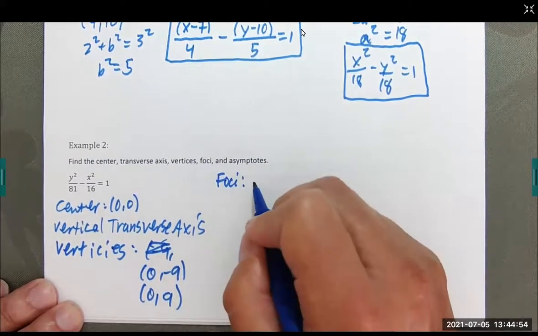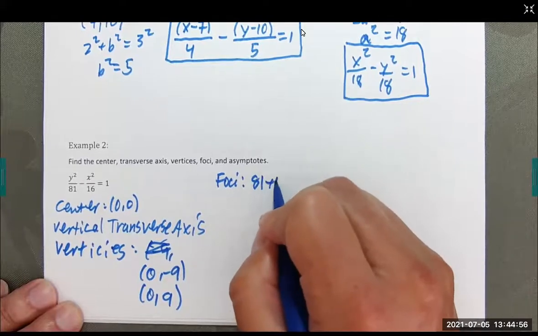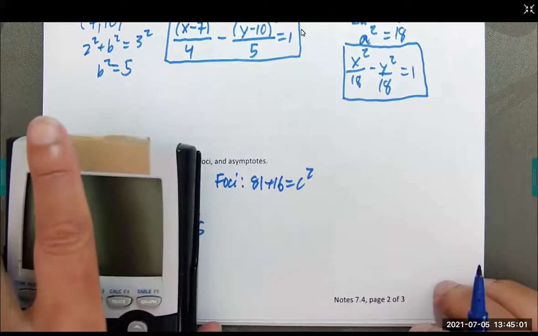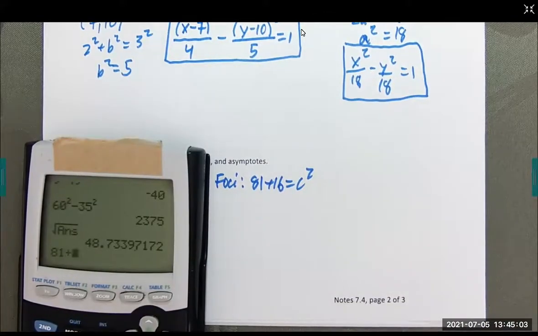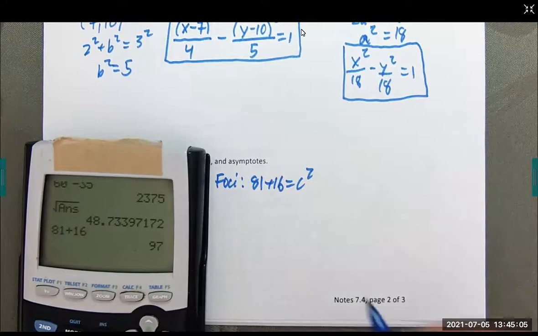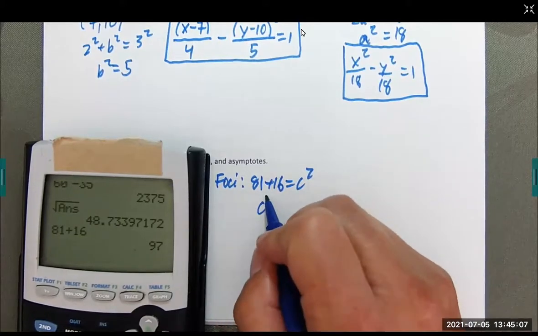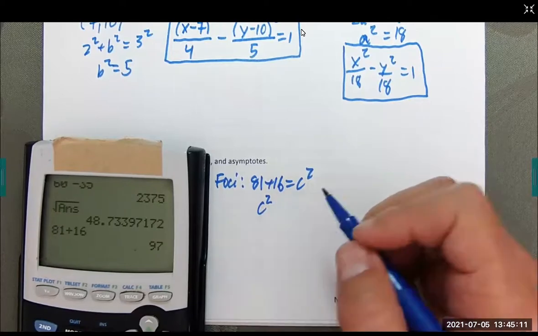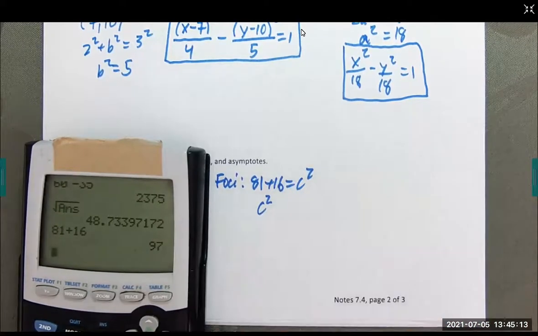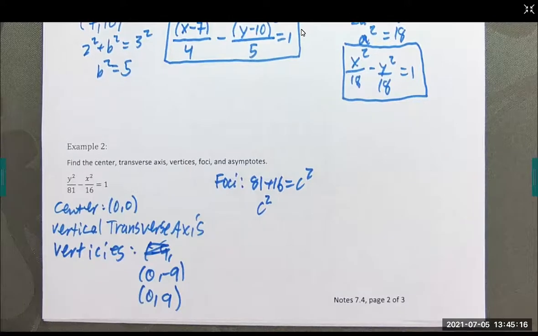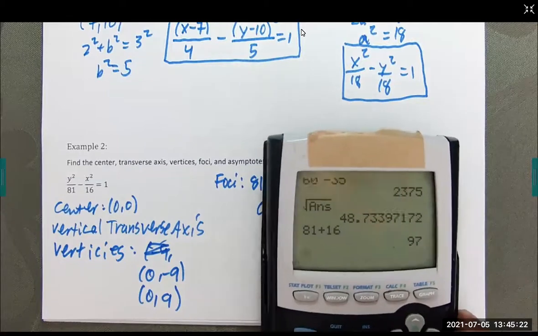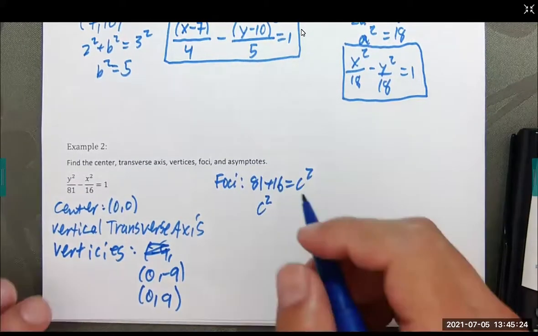I'm going to have to go 81 plus 16 equals c squared. Let's see, 81 plus 16. That is c squared. Yes, 81 plus 16.